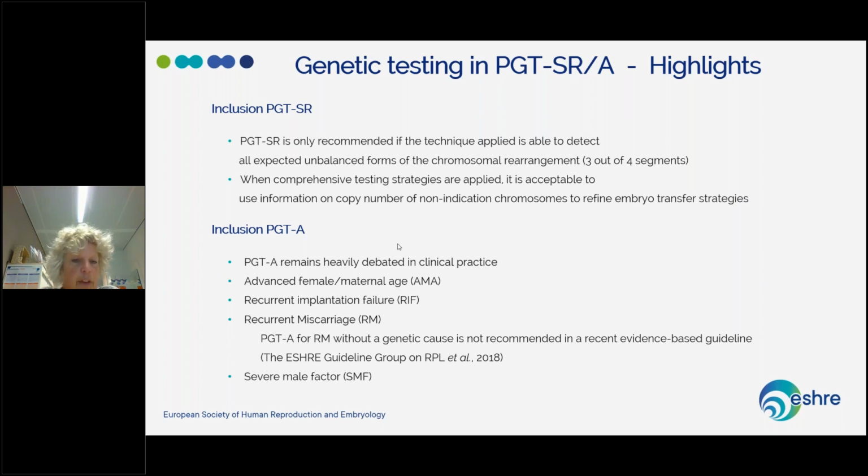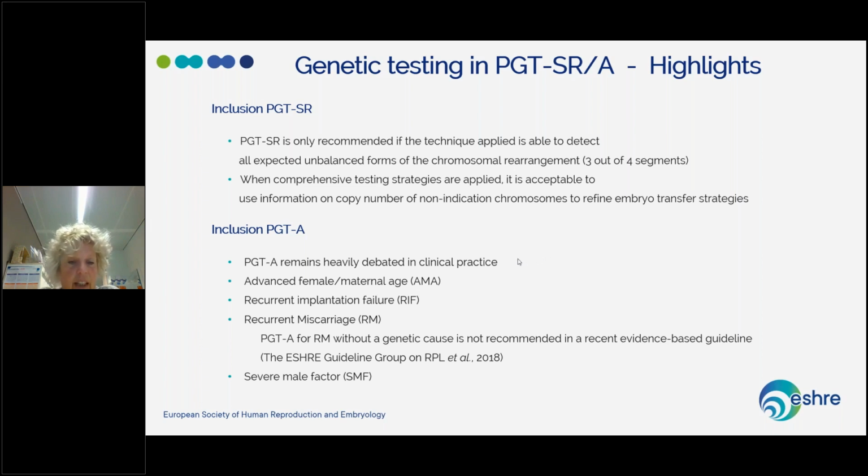If we speak about inclusion for PGT-A, then it was felt that PGT-A remains heavily debated in clinical practice, but that the application has been reported for the following indications: advanced female maternal age, referred to as AMA, recurrent implantation failure, RIF, recurrent miscarriage, RM, where it needs to be noted that in the guideline published by ESHRE, it was said that PGT-A for recurrent miscarriage without a genetic cause is not recommended.